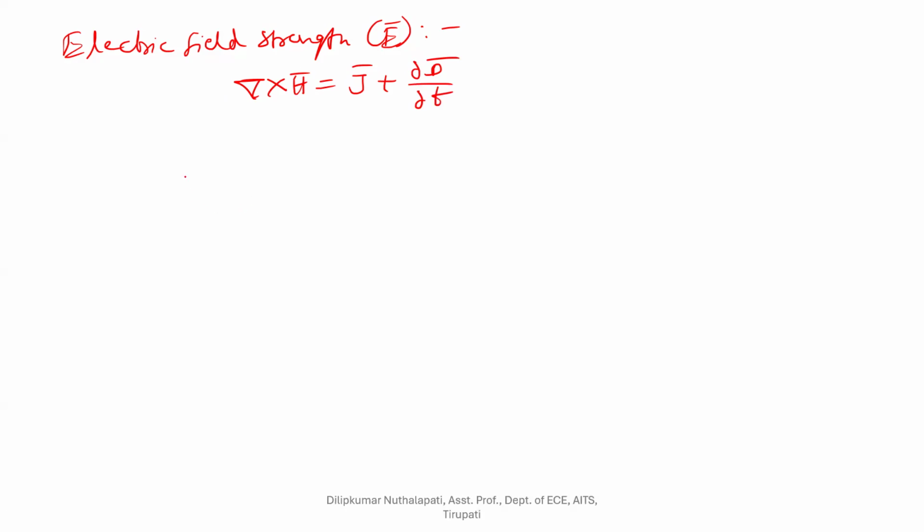Here we consider the J bar, that is the current density, to be 0. Then dou by dou t is in the time domain.